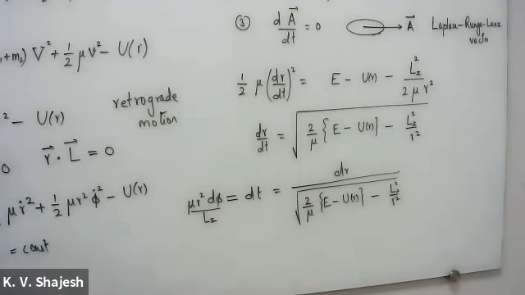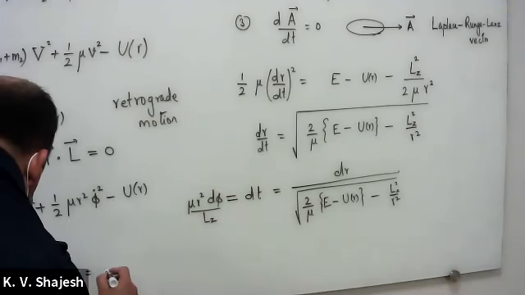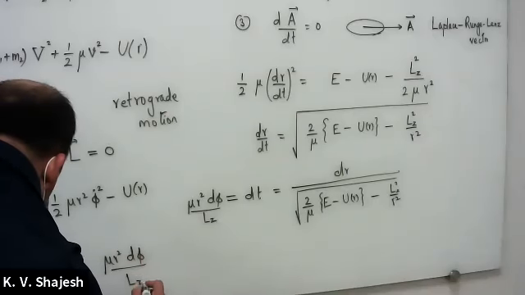So this L_z is equal to mu r squared d phi by dt. So replace dt, so dt is equal to mu r squared d phi over L_z.